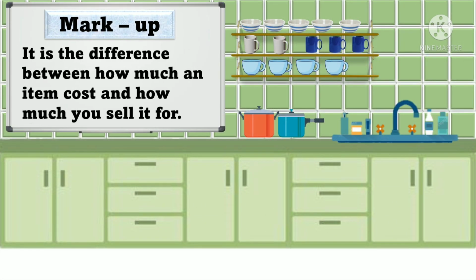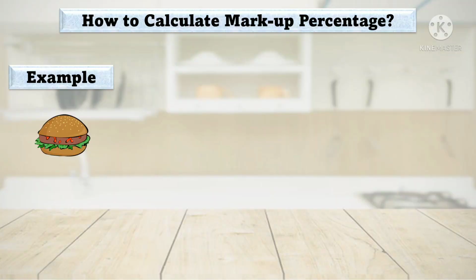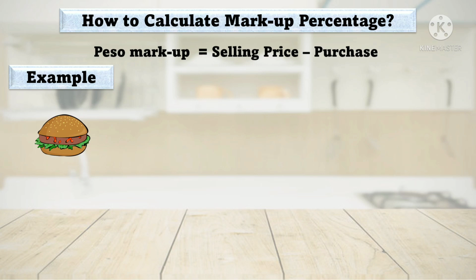Markup is the difference between how much an item costs and how much you sell it for. In short, it is your profit for each item. Calculate your peso markup by subtracting your purchase price or cost from your selling price. Here's an example.